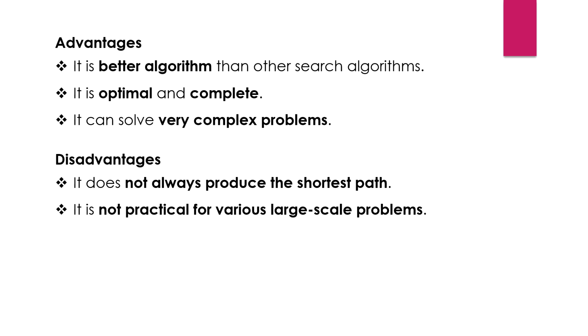The search process is optimal, and it also has completeness. It expands fewer nodes and finds a better solution. It can also solve very complex problems. These are the advantages of the A-star algorithm. And it is widely used in practical applications.